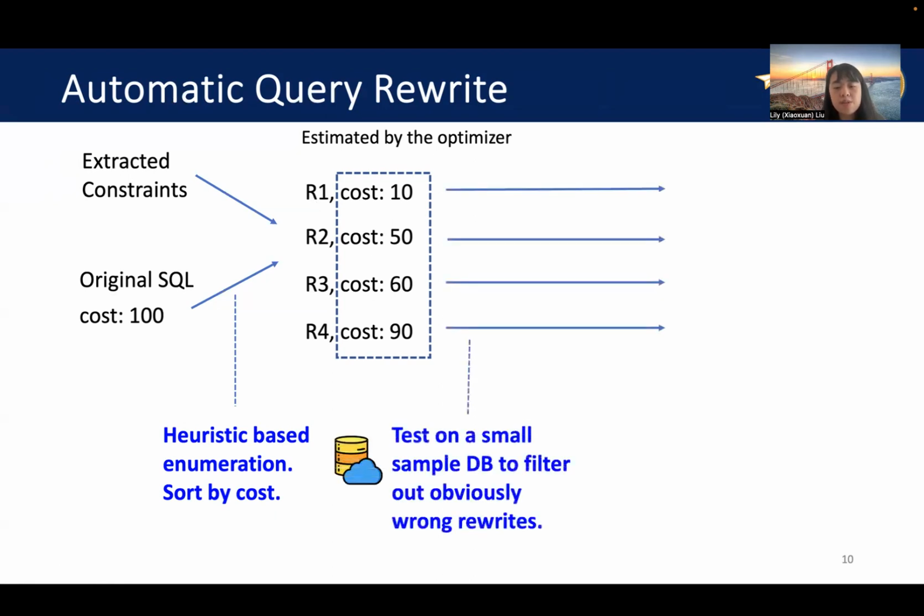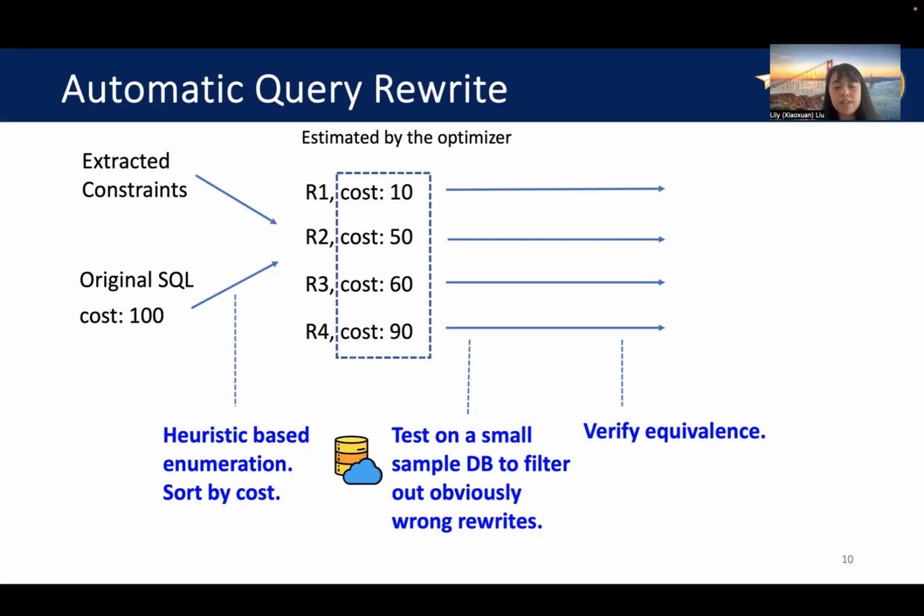In the following steps, we'll first test those rewrites on a small sample database to filter out the obviously wrong rewrites. Next, we'll use a verifier to verify that the rewrites and the original query are equivalent based on the given constraints.